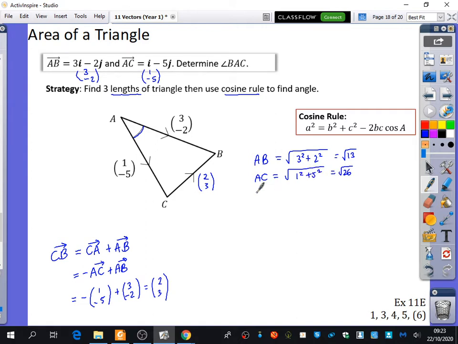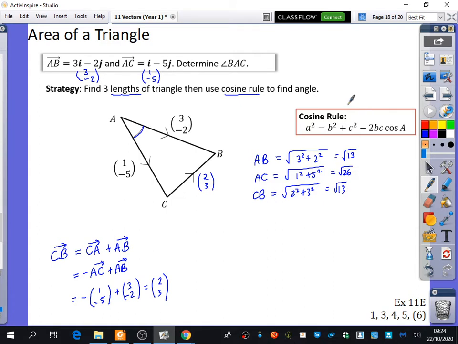And then the length CB is root of 2 squared plus 3 squared, which is also root 13. So what type of triangle have we got here? We've got an isosceles triangle. It doesn't look like an isosceles triangle because I didn't know what it was going to look like just from the vectors that were given to me.